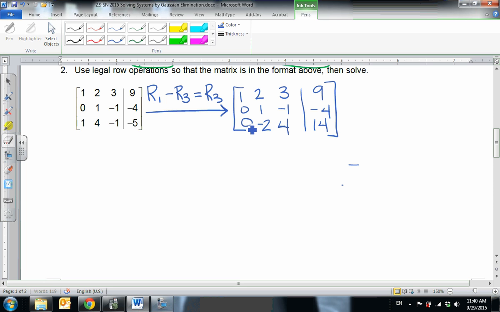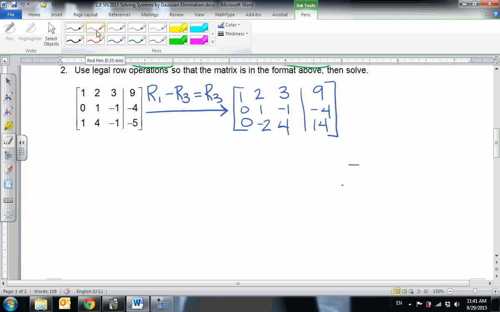So what do you think we could do? Multiply. Yeah, we should multiply row 2. If we double row 2 and add it to row 3, would we make that negative 2 go away? Yeah.